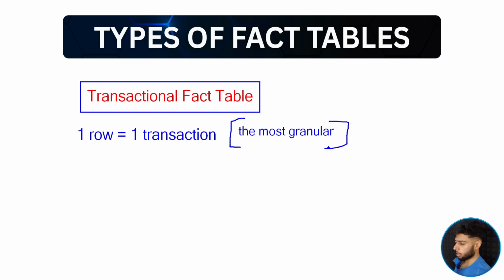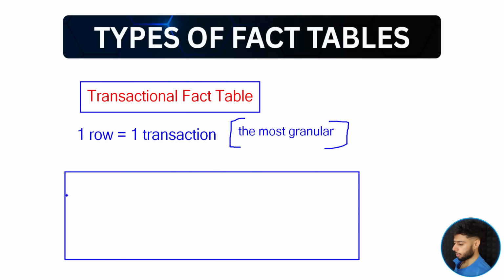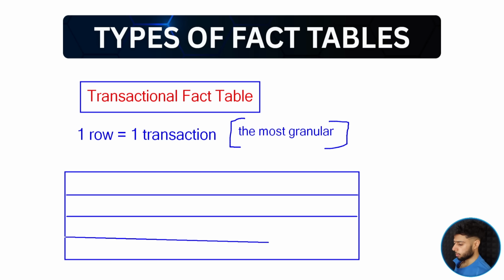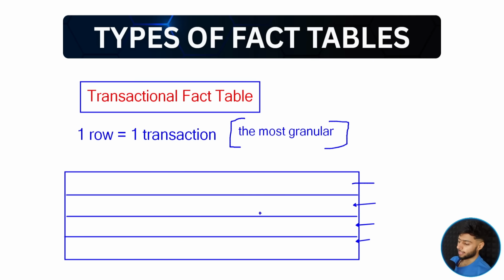Let's say this is a fact table and these are all the rows. Each row is representing an independent transaction. Make sense? And this is the fact table that you have just built. This is the fact table that you will be building most of the time.